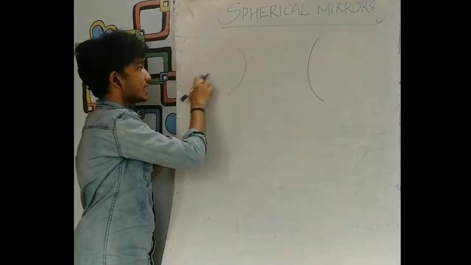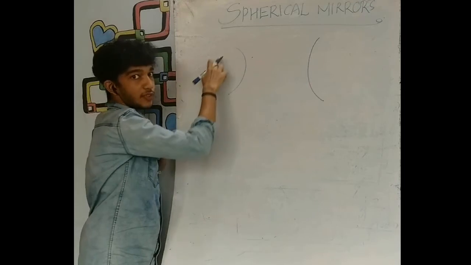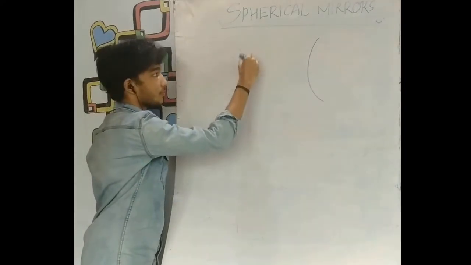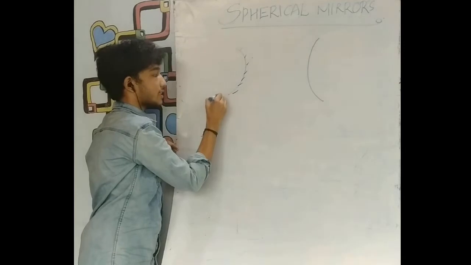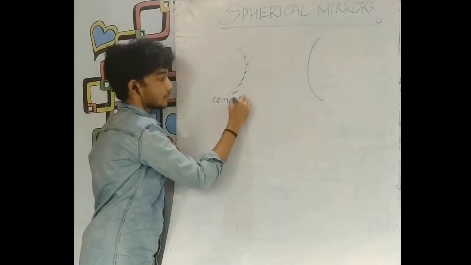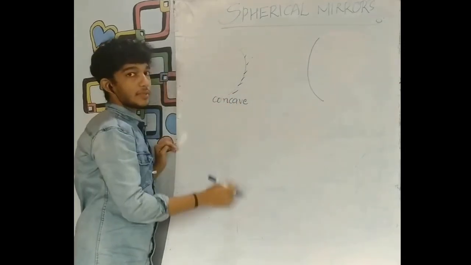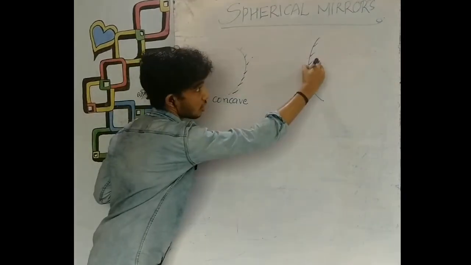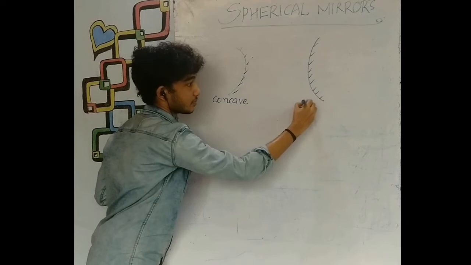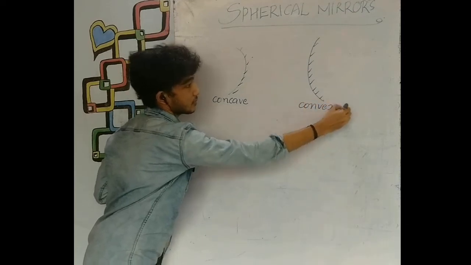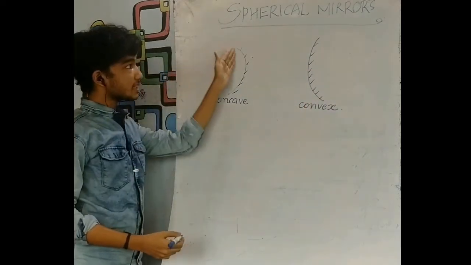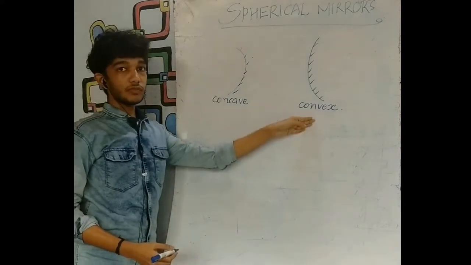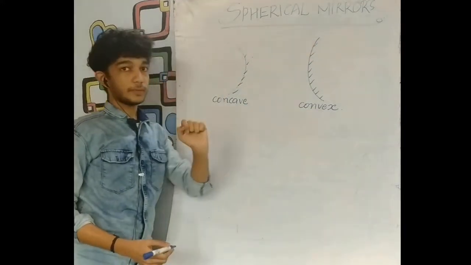The spherical mirror in which the reflecting surface is curved inward is known as a concave mirror. And the spherical mirror in which the reflecting surface is curved outwards is known as a convex mirror. So concave means curved inward and convex means curved outward.